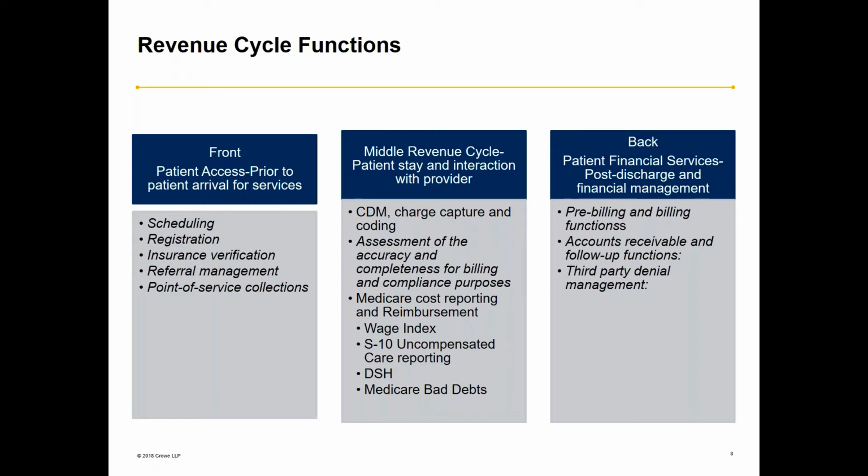And then the back end of our revenue cycle, as I mentioned, that's where everything post-discharge and financial management are occurring. So what are we doing to make sure that we're billing everything appropriately based on everything that was captured? A big piece of this is working our denials.